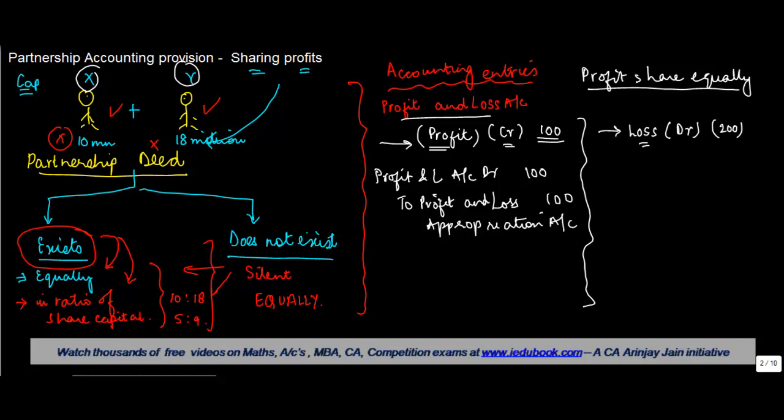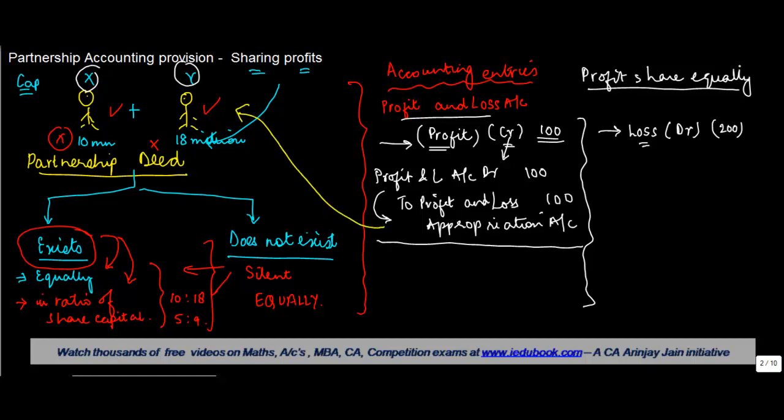By doing this, you have reduced this balance to 0, because it had a credit balance of 100. You've debited it, and you've transferred this balance to the profit and loss appropriation account. Then this profit and loss appropriation account is meant for distribution of this profit to the accounts of the partners.